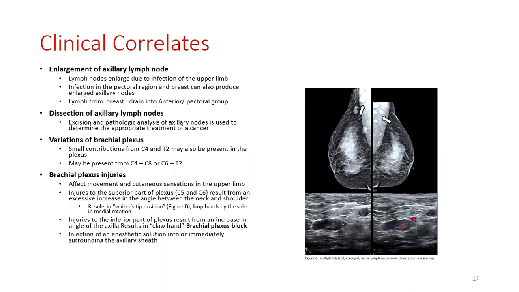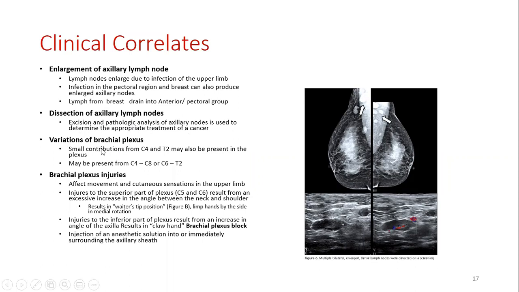If it has spread to the lymph node, then we have to start thinking about whole body treatment because we don't know how far the cells have spread. So it is very important that you dissect out the axillary lymph node when you suspect breast cancer in a patient.